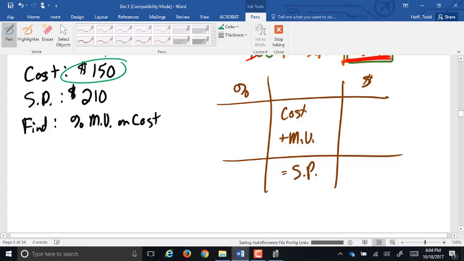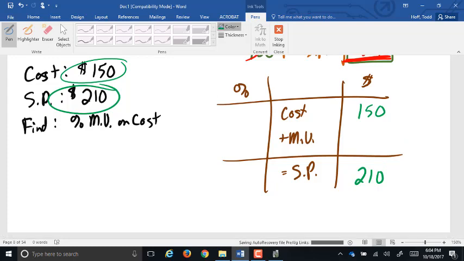Where's the 150 go? Cost, which side? Dollar side, you got it. Where's the 210 go? Selling price, the dollar side. What do we have that isn't written?